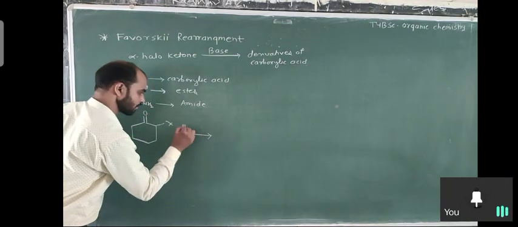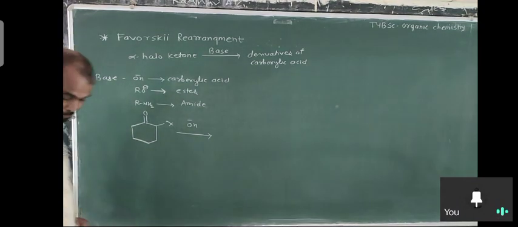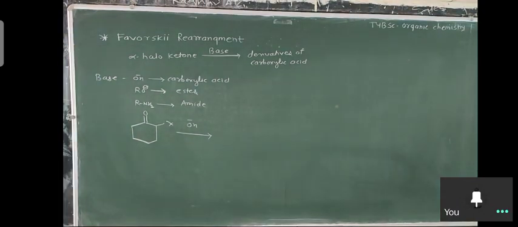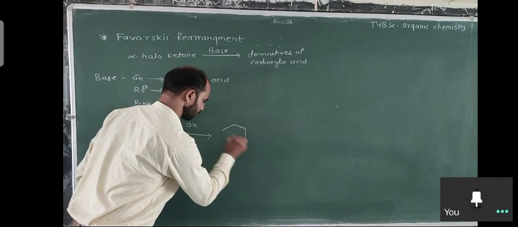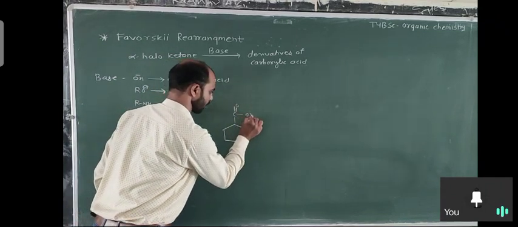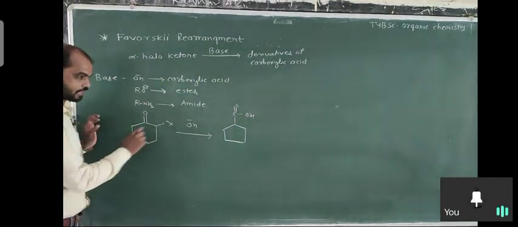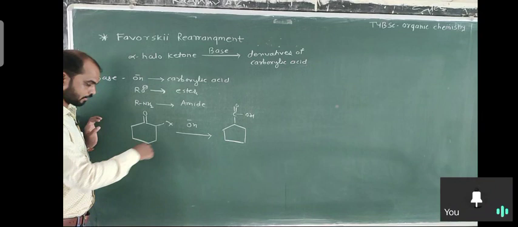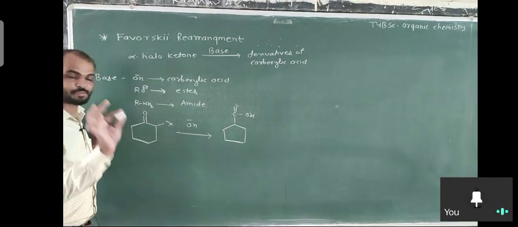In presence of hydroxide as a base, the product formed is carboxylic acid. But what is the difference? You can see the starting molecule is a 6-member ring, but in the product there is a 5-member ring.